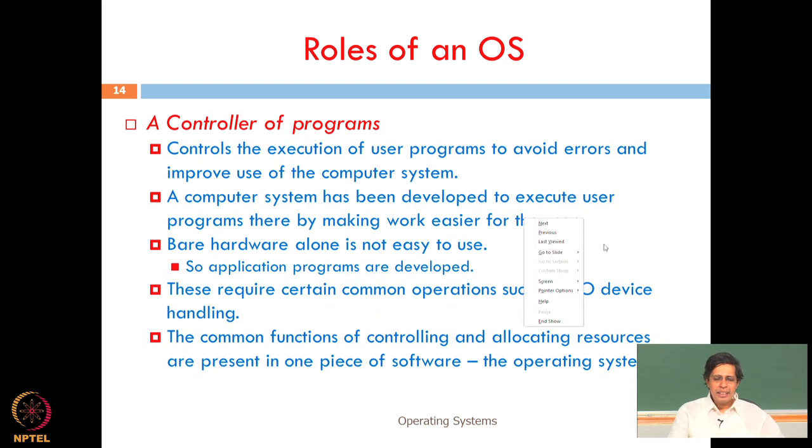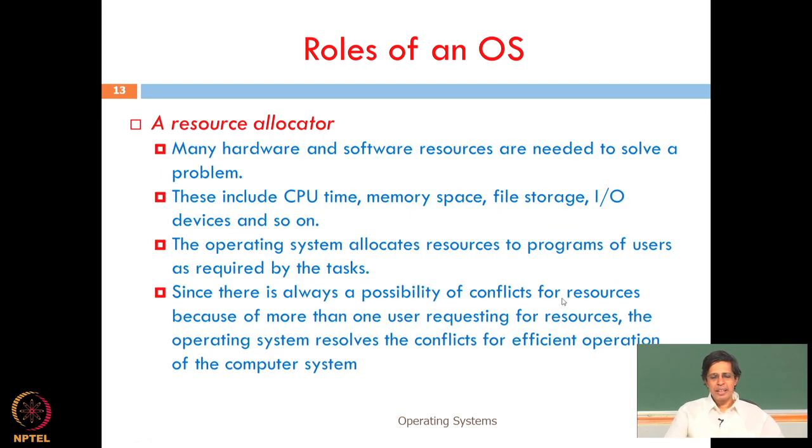And importantly, it should also see to it that there is no conflict of these resources. For example, let us say in a mail server, two fellows want to print. So the OS has to serialize this job. First it has to allow user 1 to print, then it has to bring in user 2 to print.